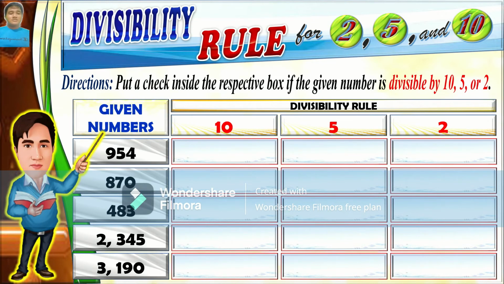So now for your next activity, you're going to put a check inside the respective box if the given number is divisible by 10, 5, or 2. I'll give you 5 minutes to answer this activity. So get your notebook and answer the given problem.